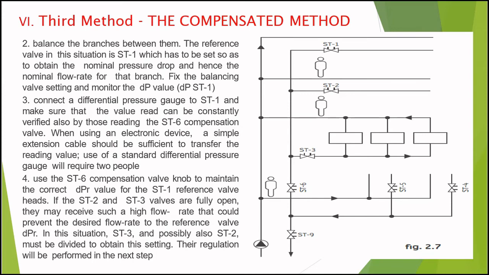The reference valve, in this situation ST1, has to be set so as to obtain the nominal pressure drop and hence the nominal flow rate for the branch. We have to fix the balancing valve setting and monitor the dP value, dPST1.